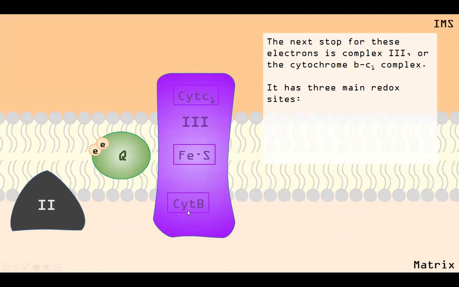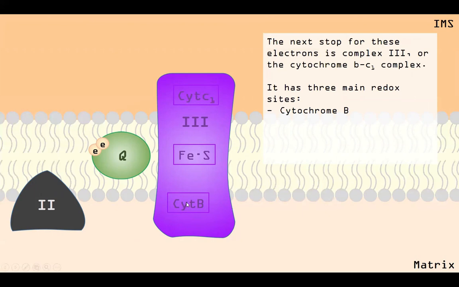But now we've got some new things, cytochrome B and cytochrome C1. Cytochromes are very common within these complexes. We'll see some more when we get to complex 4, and when we get to chapter 10 and talk about photosynthesis, we'll see some cytochromes again. So these are very common sites where electrons can be held in these complexes.